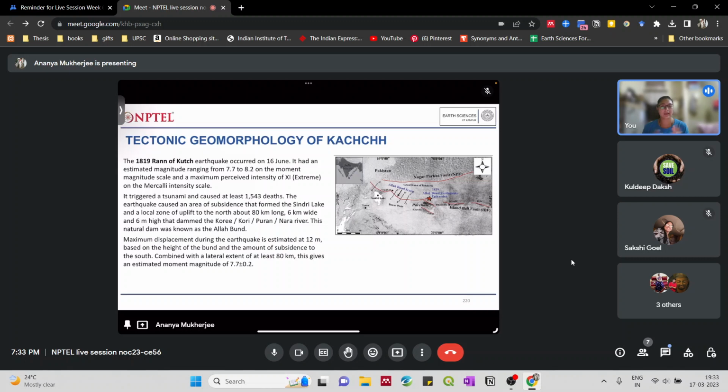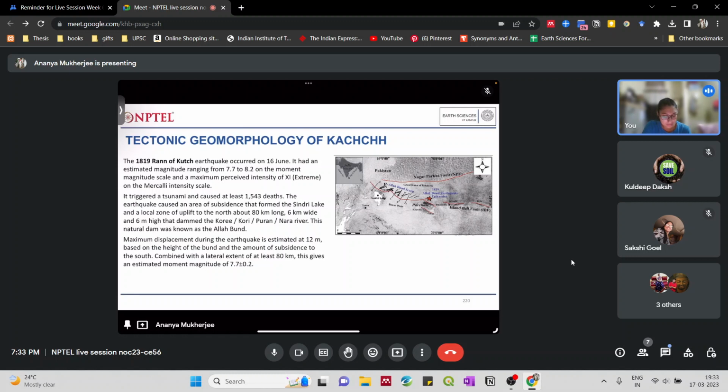Okay, so the lateral extent of this entire deformation area was around 80 kilometers. Okay, so that is why it was a moderately high magnitude earthquake. So over here you can see that this is the scarp, okay, that formed. This area got uplifted, okay, and this area got subsided.